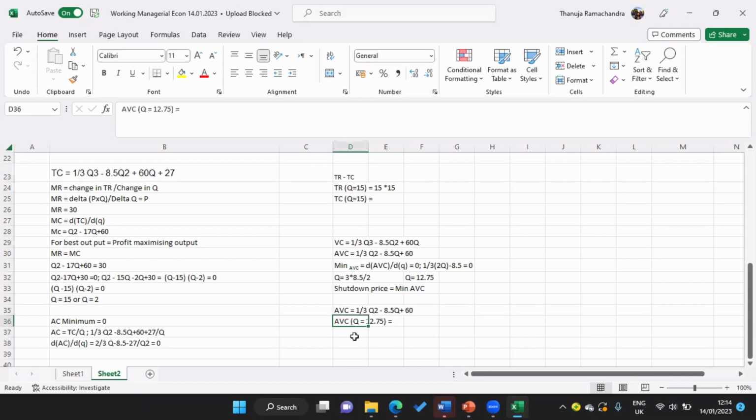Can somebody get the answer now? So price is equal to minimum AVC. Okay, shutdown price is minimum AVC.